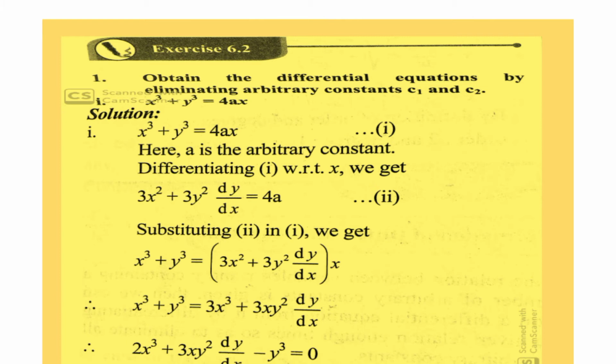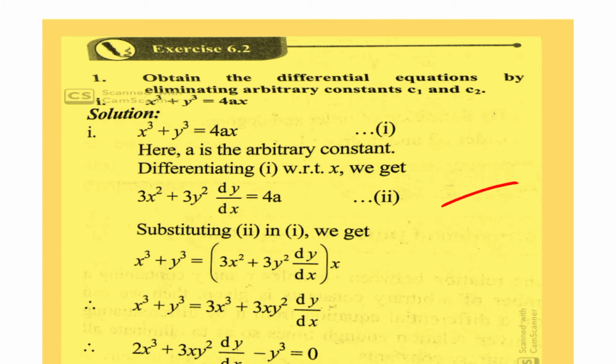Differentiate equation 1 with respect to x. So we get 3x square plus 3y square dy upon dx is equal to 4a. Since it is differentiated with respect to x, y cube will become 3y square dy by dx. So this is the second equation.